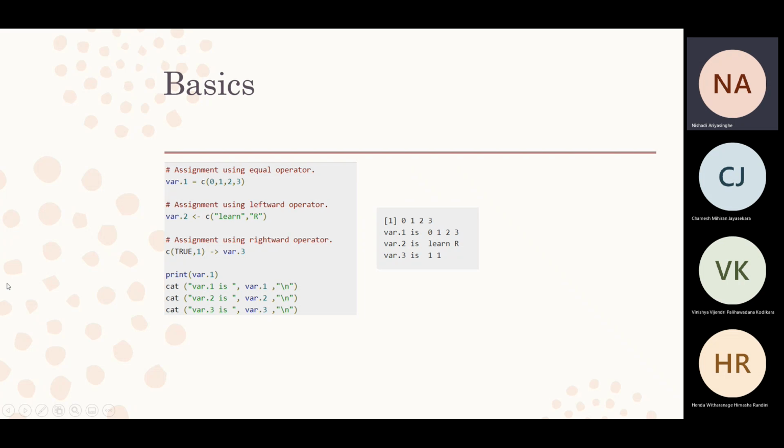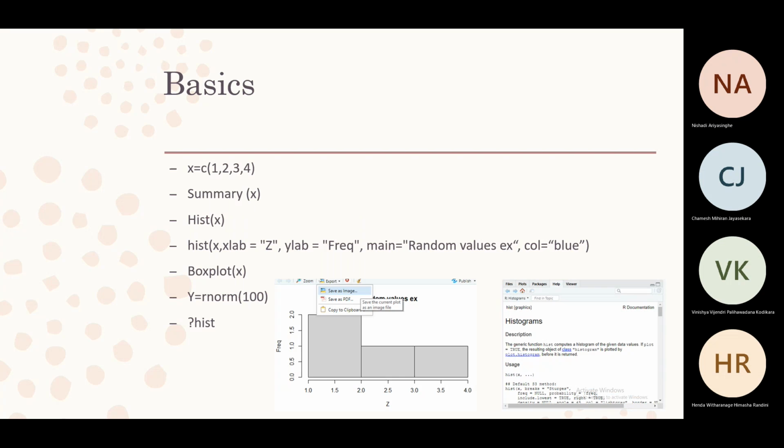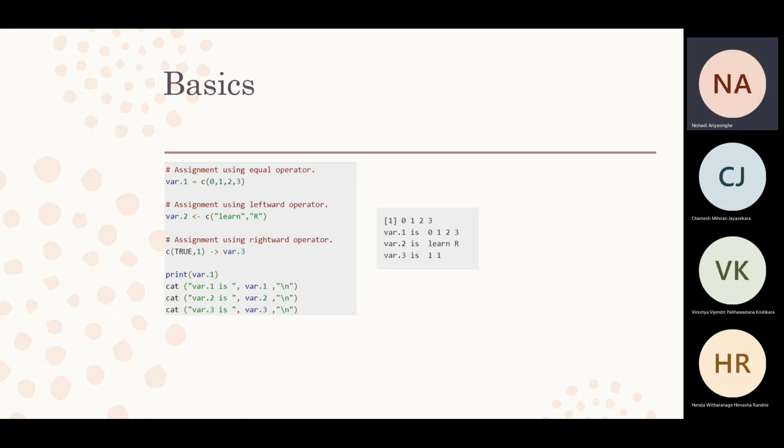So that is up to you to think about. I think this assignment and this kind of things you have done when you were learning other programming languages and stuff, right? Okay, so those are the basics of R Studio.